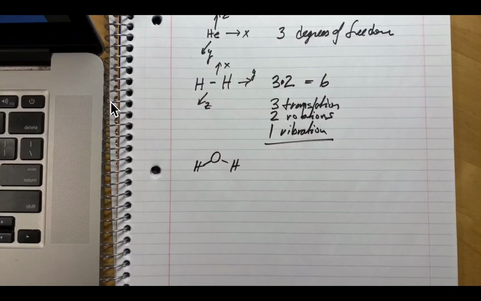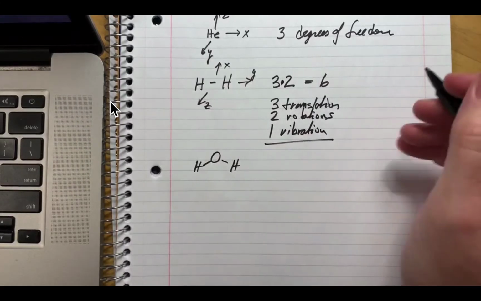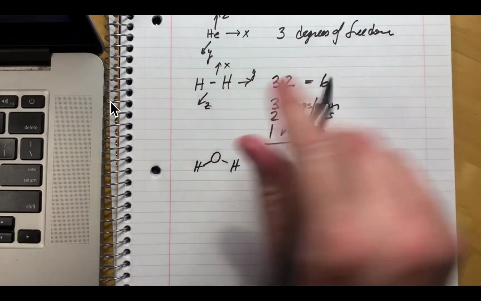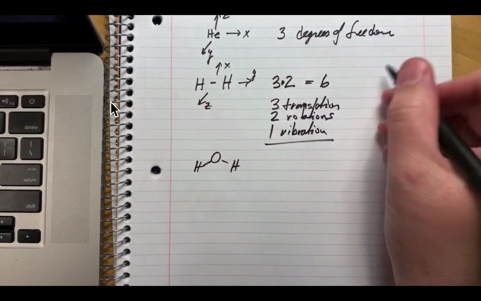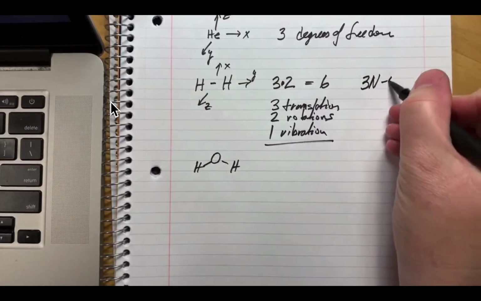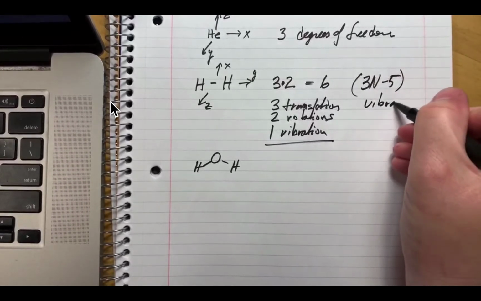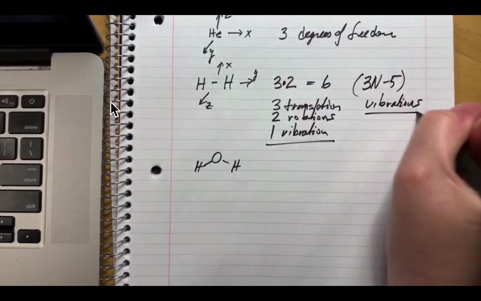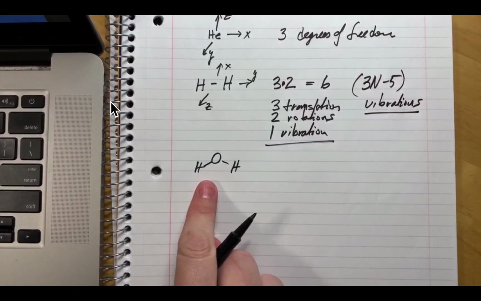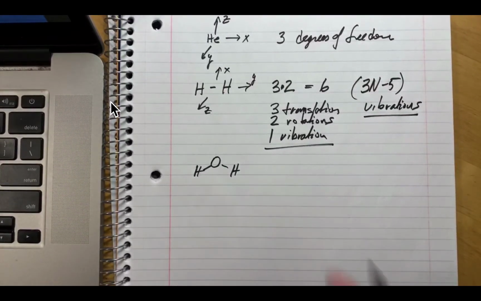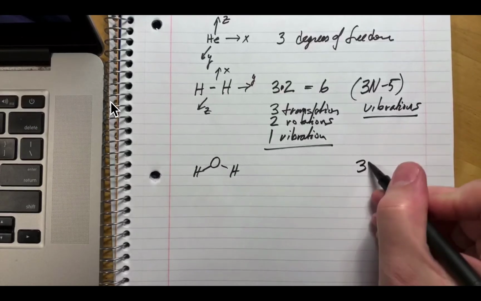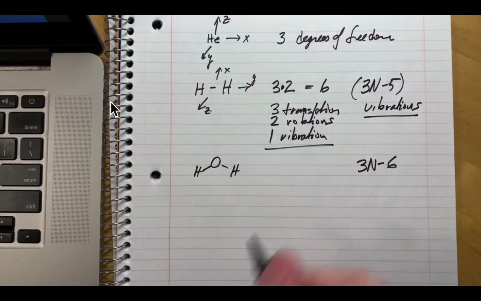We can use a formula to do this for us. For a linear system like H2, there are 3n minus 5 vibrations. For a nonlinear system like H2O, the formula is slightly different, 3n minus 6.